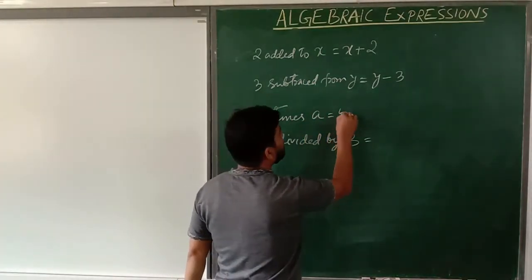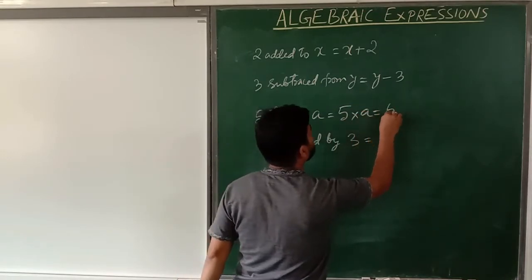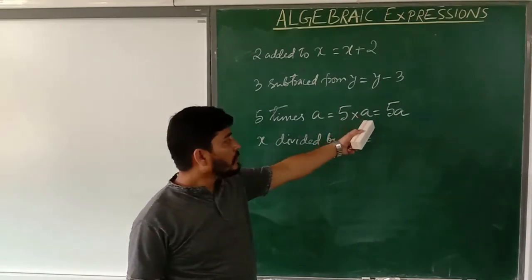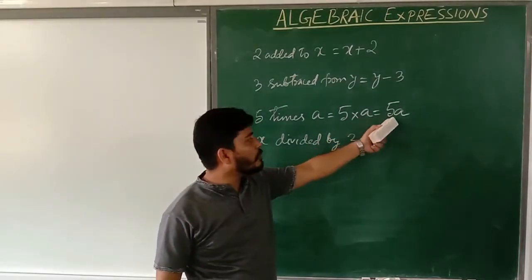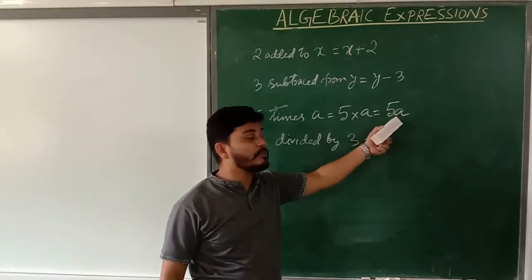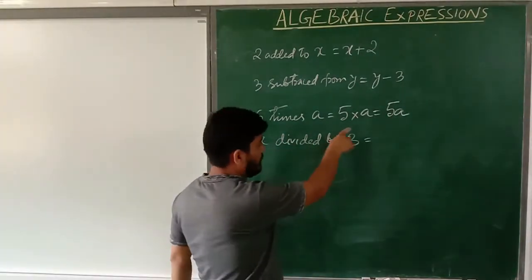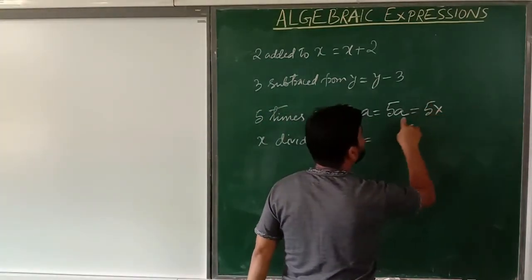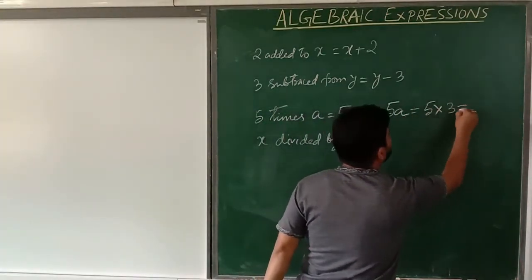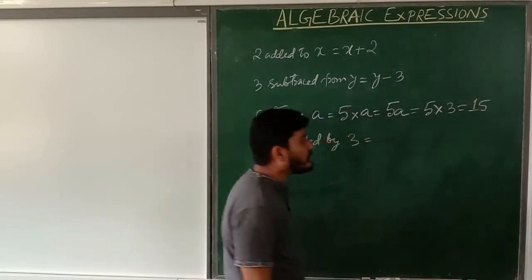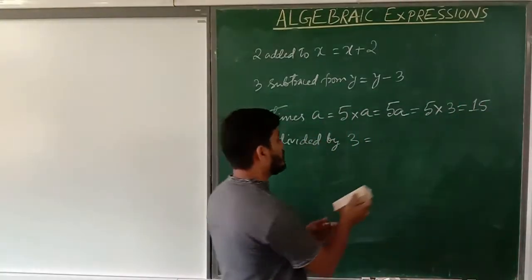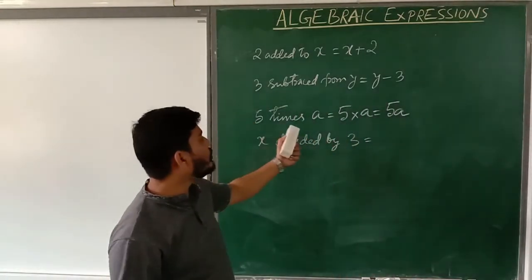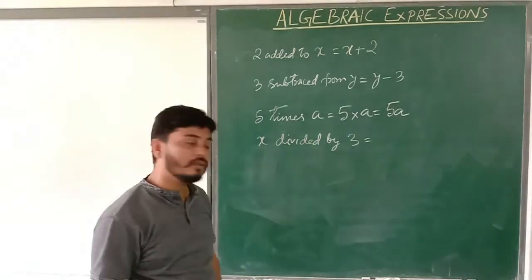Here 5 times a, in expression form, will be 5a. It means that they are multiplying. If we have some value for a, say a is equal to 3, then 5 times 3 is 15. So the variables obey the rule of multiplication also.